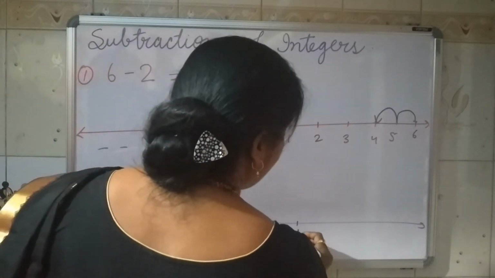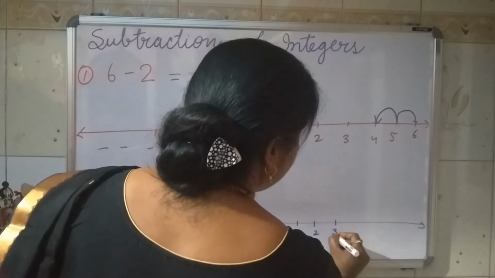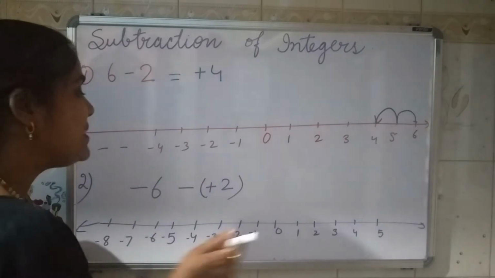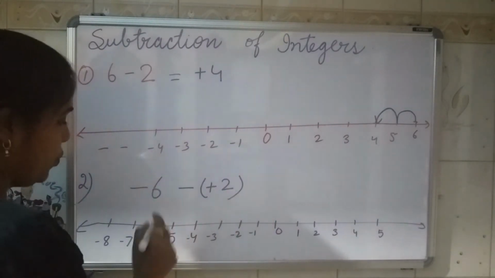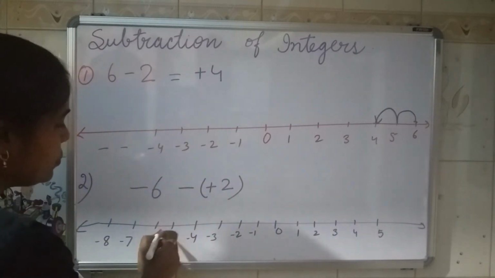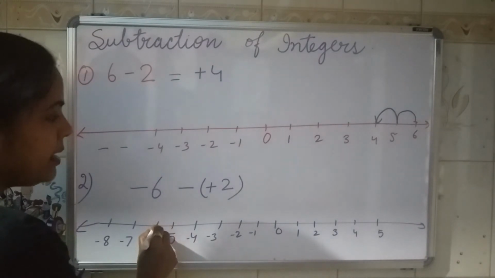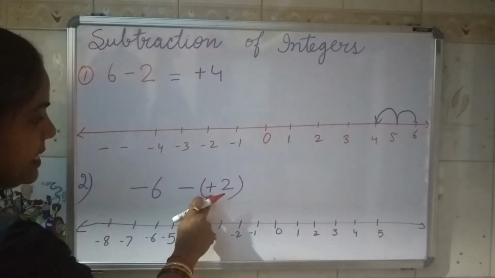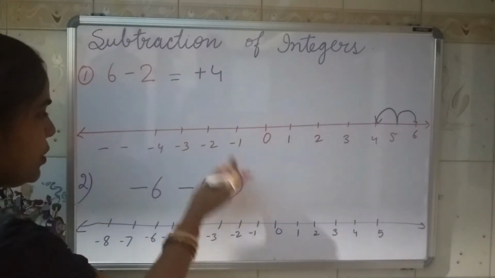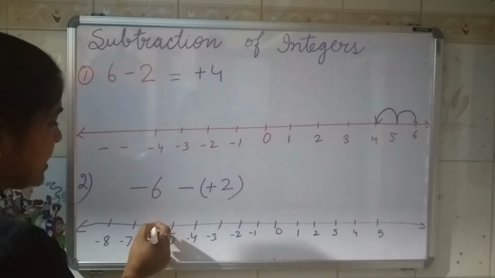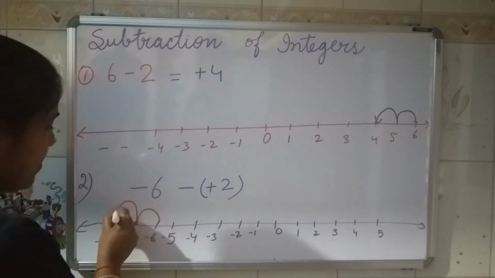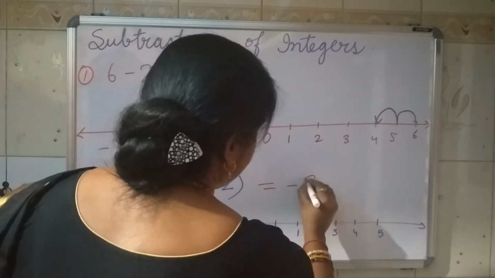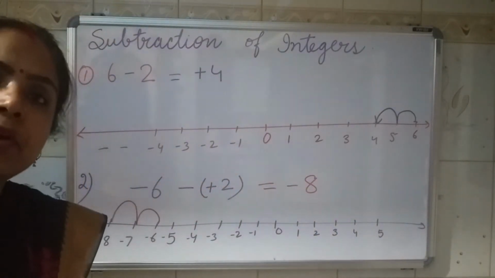And this side it is 1, 2, 3, 4, 5. Now it is minus 6 minus plus 2. First it is minus 6, so we will begin from here. Minus plus 2 means we have to move towards the plus sign. So when we are moving, it will be minus 6 and minus 2 is minus 8. Clear to you?